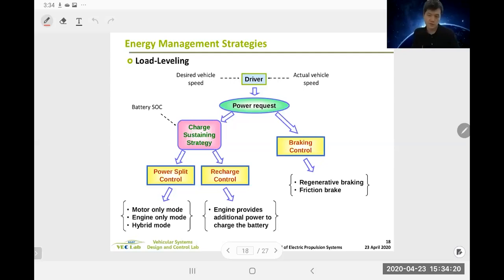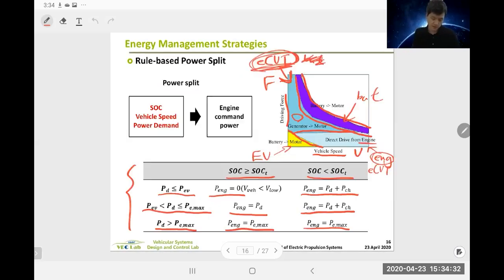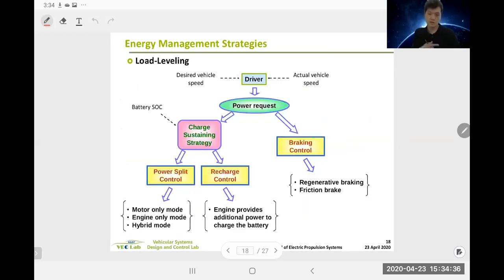This can be designed based on engineers' intuition, right? Based on logical thoughts. And one can design these rule-based controllers. If this, then do this. If that, then do that, kind of thing, right?